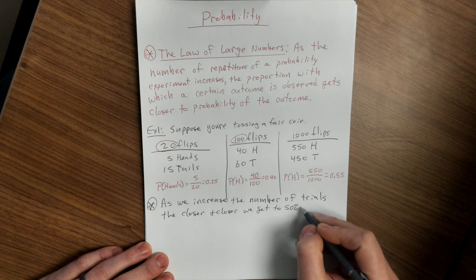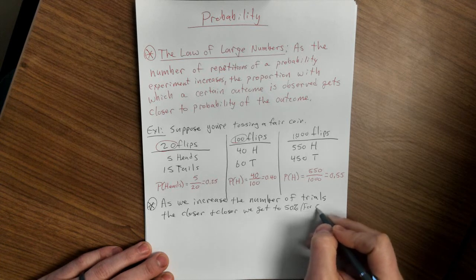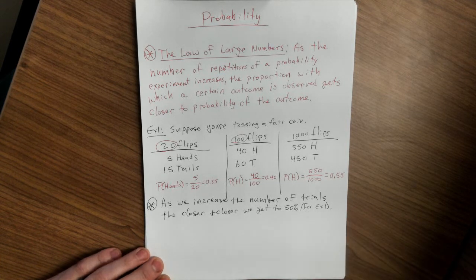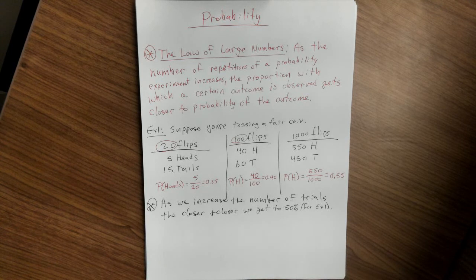And this is for example 1. If you were to do this example at home, just do it 100 times and then do it 100 times a different time, and you'll get different answers. But as you increase how many times you're flipping that coin, your probability is going to get closer and closer to 50%.